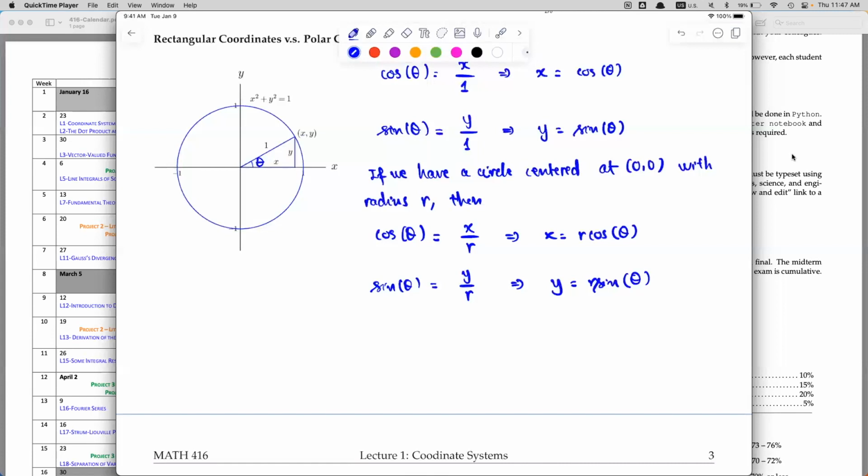Now for tangent of theta, tangent is sine over cosine, right? So tangent of theta in this case is equal to sine of theta over cosine of theta. So you have y over r divided by x over r, which gives you y over x.